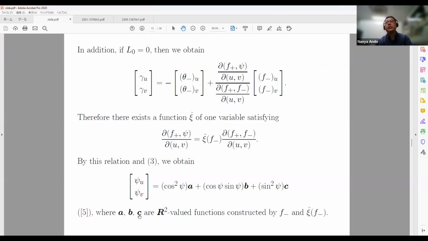The definitions of A, B, C are not short, so I don't write the strict definitions of A, B, C. This system gives a generic characterization of surfaces with degenerate twistor lifts and the condition that the second fundamental form does not satisfy the linearly dependent condition.